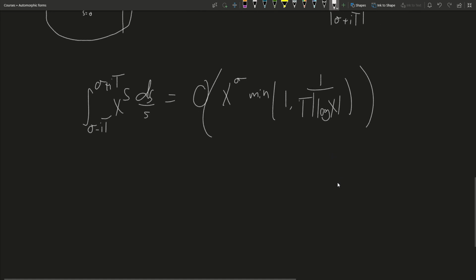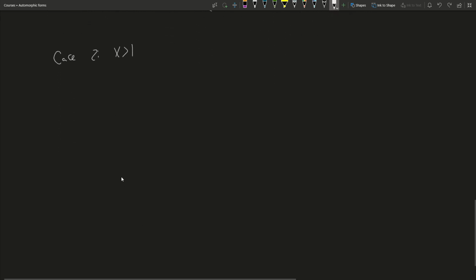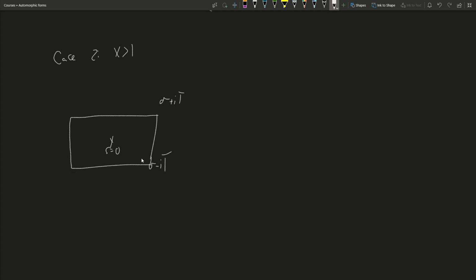Okay, so case 2 is x greater than 1, and here we're going to take a contour that includes the residue, because if x is greater than 1, then intuitively what's going on is that we have to shift to the left to get exponential decay.